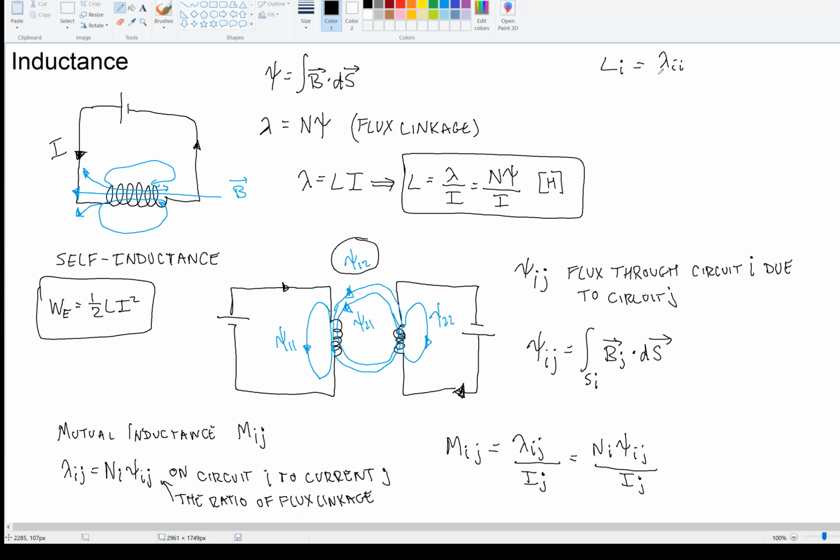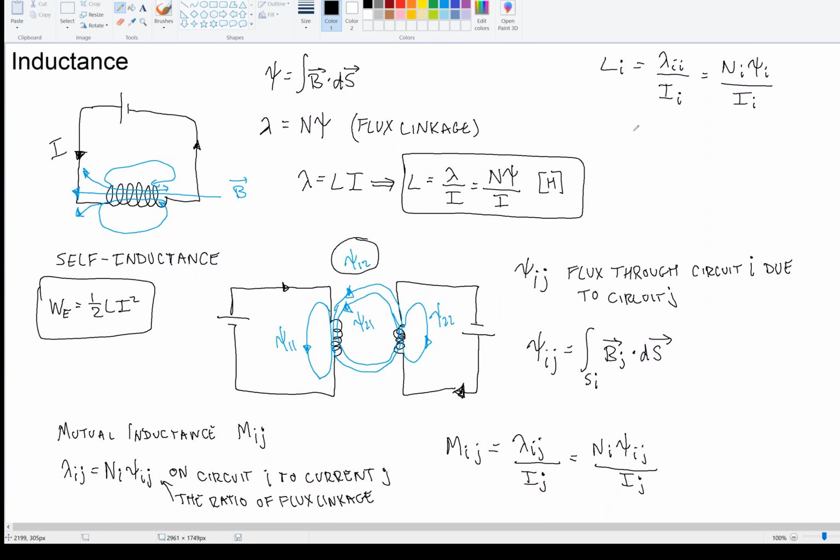We're coming back to self-inductance. That's its own flux linkage divided by its own current, so this would be N_i psi_i divided by I_i.